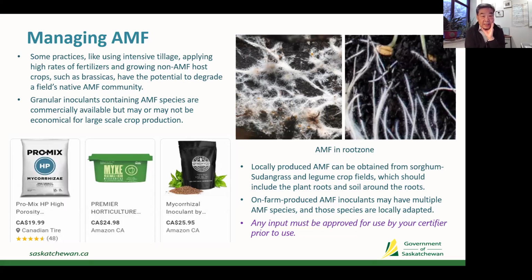AMF commonly exist in the soil, but if you inoculate early in the season, it saves the roots time searching for these microbes or fungi. They can grab them, start forming this kind of relationship, and start working at the very beginning of crop growth. That really helps the crop get a good start.